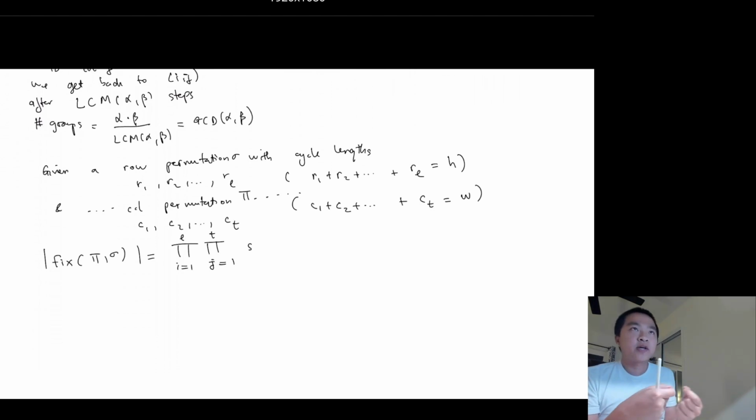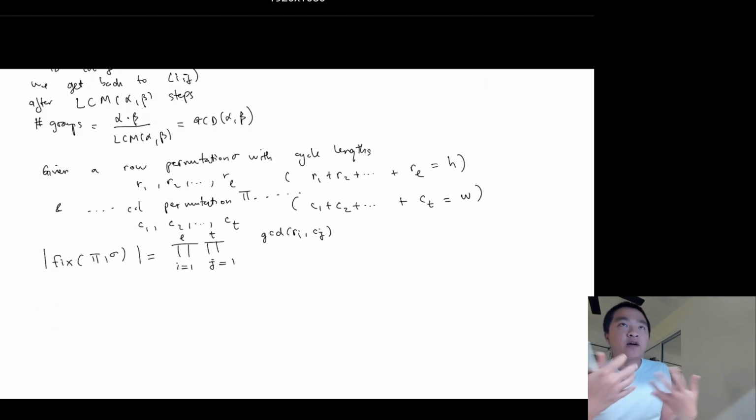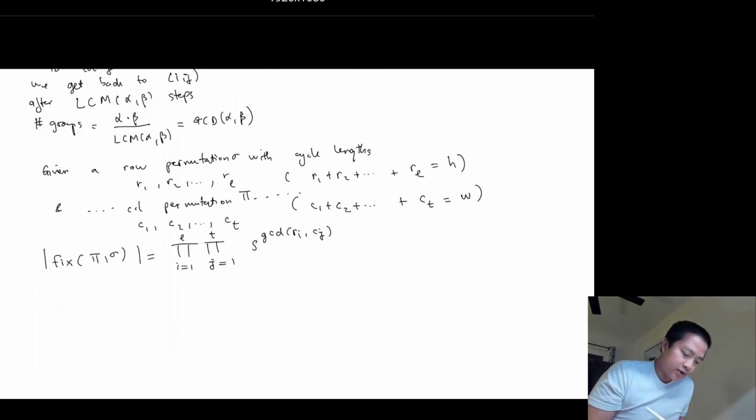You can divide it into GCD of Ri and Cj groups, and each of these groups can take on any of these S values. This is the key formula right here.